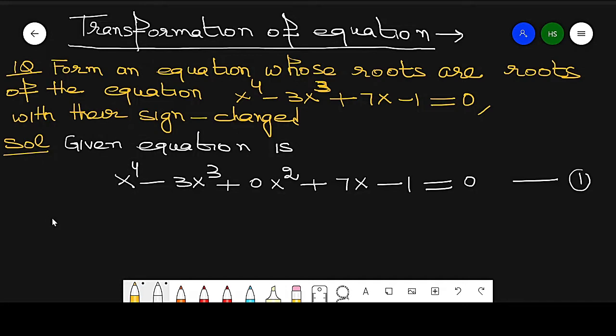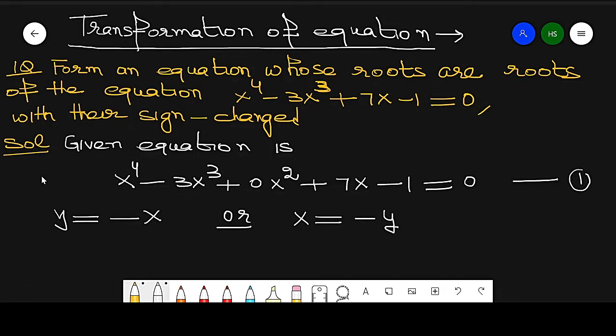So here we will apply the transformation y is equal to minus x, that is, x equal to minus y.